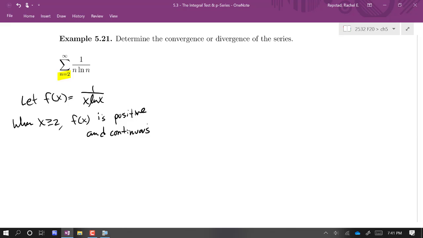Now we're just going to check, is it decreasing? And again, you can check the derivative and show that it'll be negative where x is at least as big as 2.